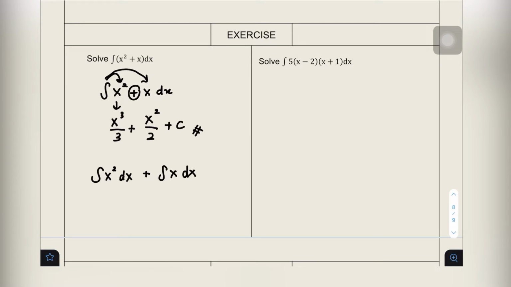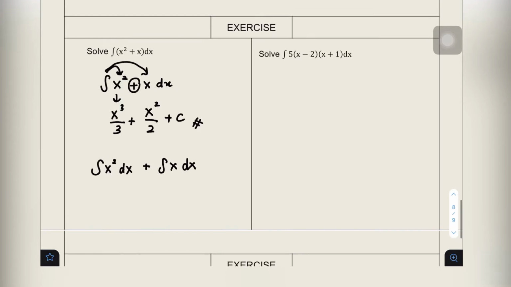So still we need to do an integration for both functions. Usual two-step technique of integration, where you add 1 to the power, so it becomes x to the power of 3 and divide by the new power 3, plus integrate x to the power of 1, it will become x to the power of 2 divided by 2, plus c, because this is an indefinite integral. So you have two ways. Either you straight away integrate each function differently, or you can separate each function according to the rules of integration.